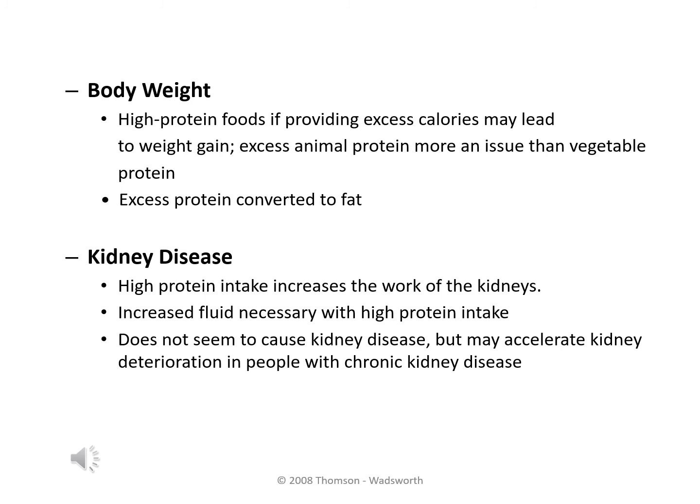A high protein intake increases the work of the kidneys, but it does not cause kidney disease. It may, however, accelerate kidney deterioration in people who are already diagnosed with chronic kidney disease. In this case, this population often may have to reduce their overall protein intake.